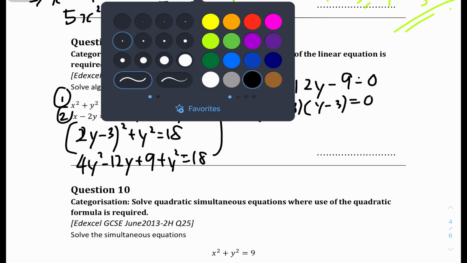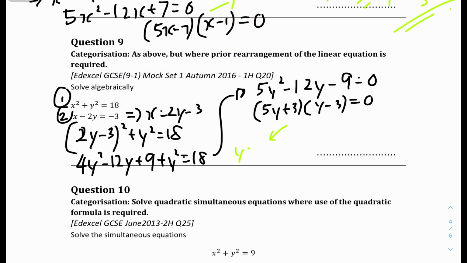Therefore you have two values for y. There will be y equals minus 3 over 5 or y equals 3. So we now have to find the corresponding x value, for y equals minus 3 over 5 and y equals 3. So we can put the values for y in this equation right here.